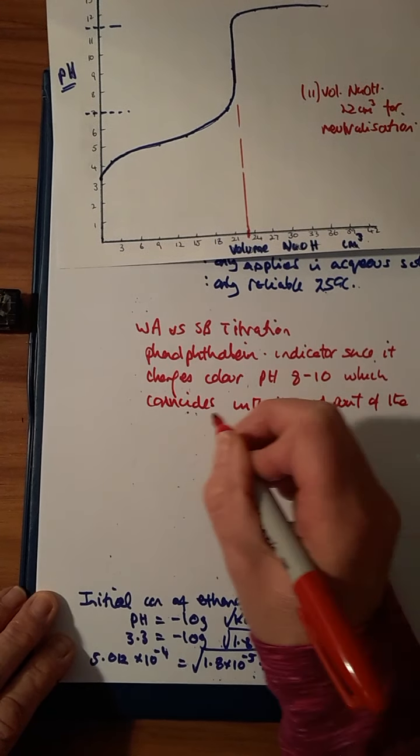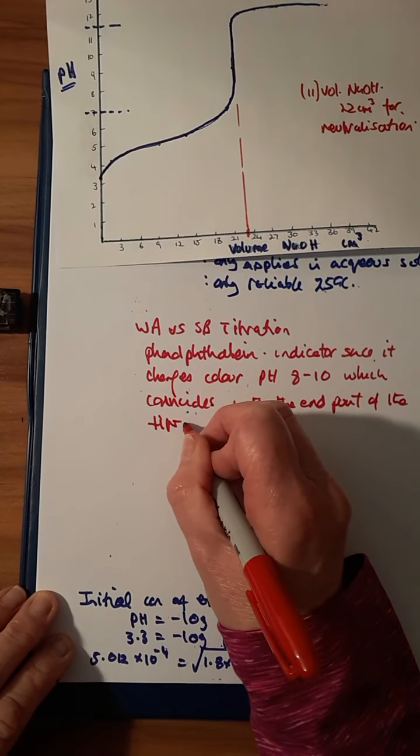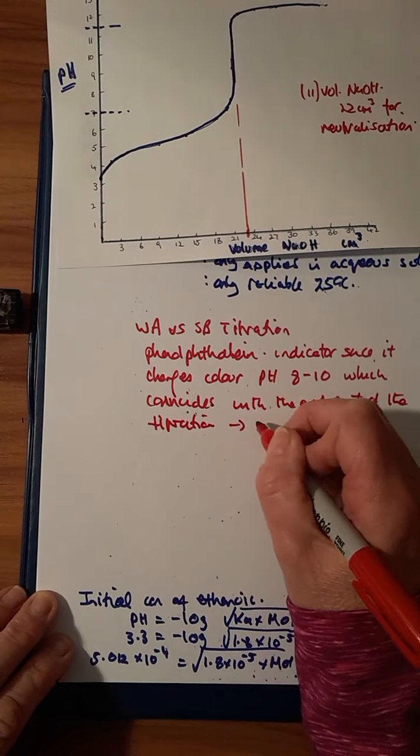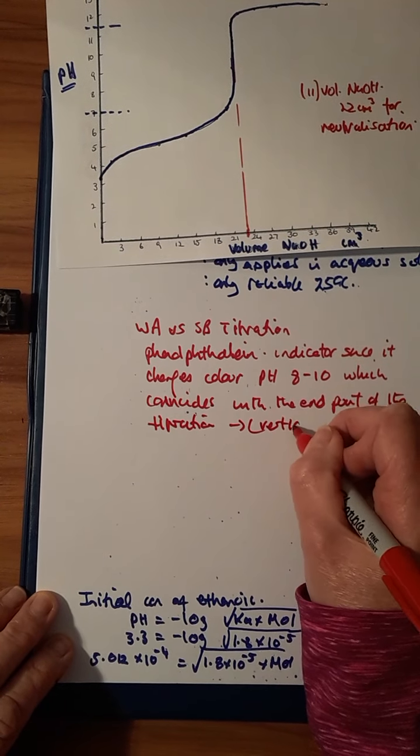The end point of the titration is where the vertical part of the graph is.